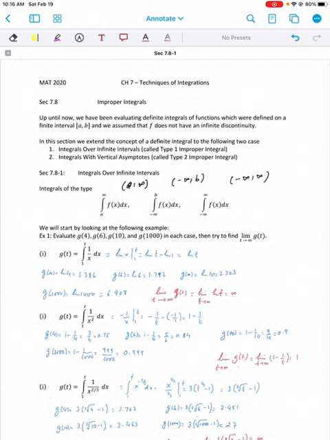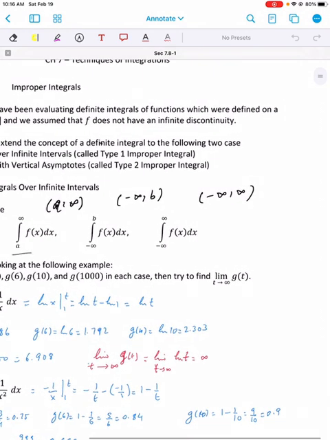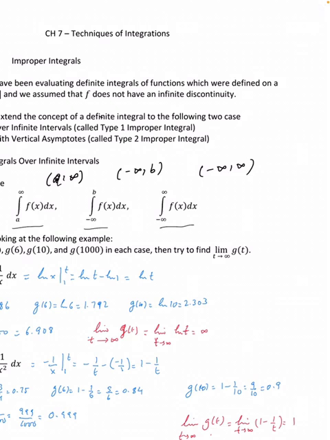So infinite intervals look like something like a to infinity, or minus infinity to b, or minus infinity to infinity. And so the integrals of this type are called improper integrals of type 1 in your book, meaning the integrals over infinite intervals.